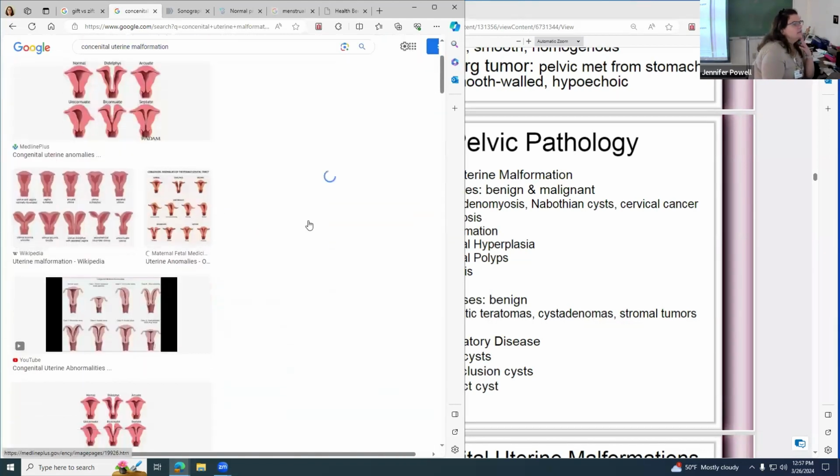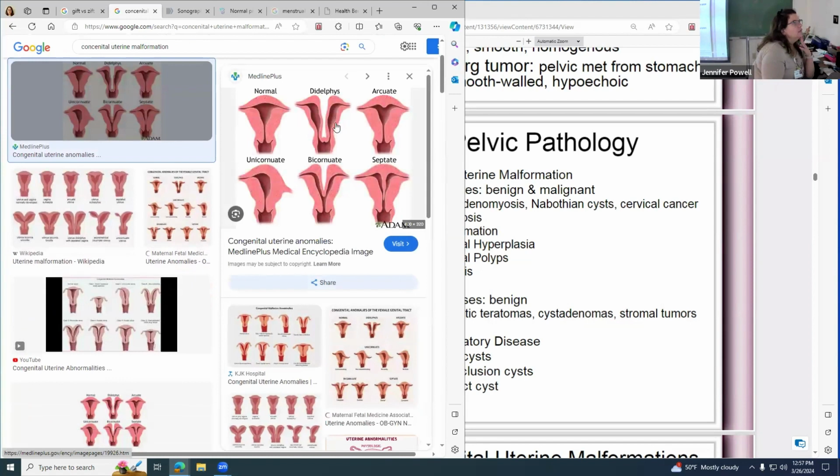Uterine didelphys, arcuate, unicornuate, only one cornua, bicornuate, septate. You remember which one has the greatest incidence of infertility?